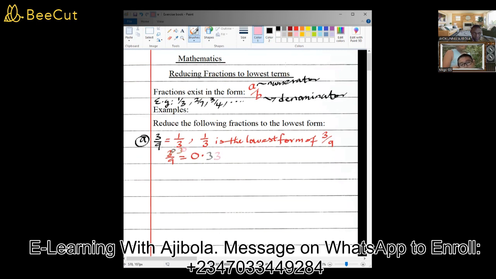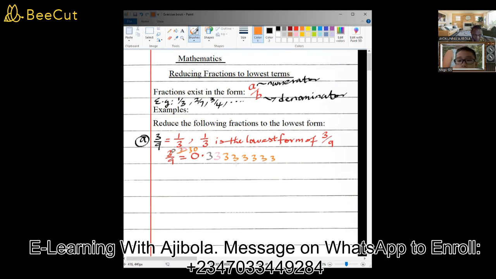If I remove 27 again, I have 3 left. So this will never reduce. It will give us 0.33333, and it will continue going forever.